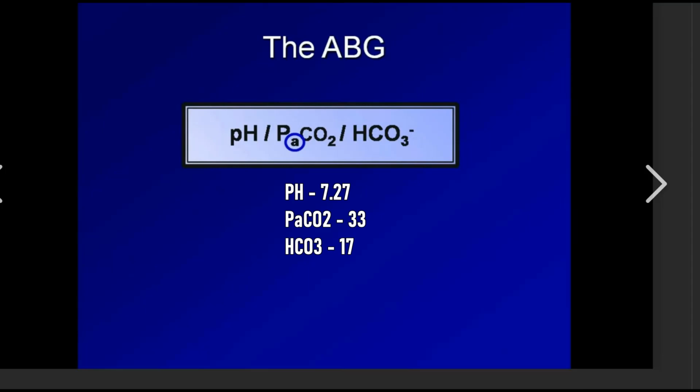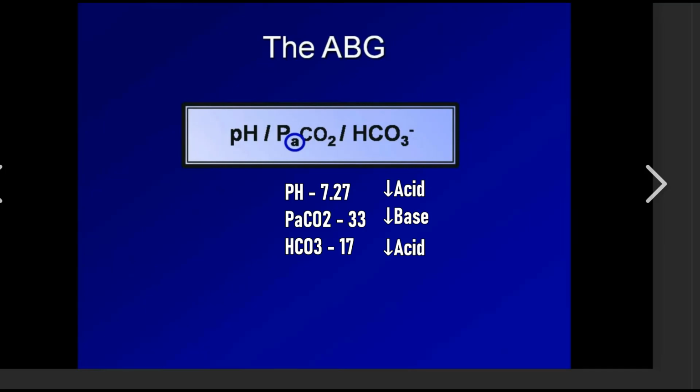Now let's look at another ABG. pH of 7.27, PaCO2 of 33 and bicarb of 17. So pH 7.35 to 7.45, it's low. PaCO2 35 to 45, so it's low. Bicarb 22 to 26, it's low. When pH drops, it is acid.